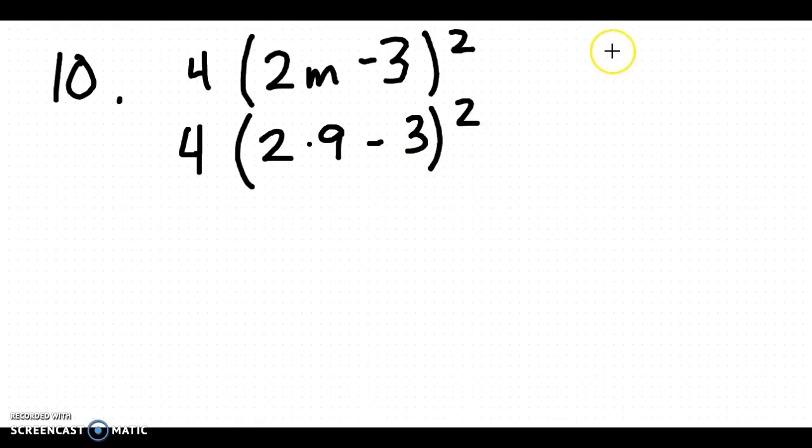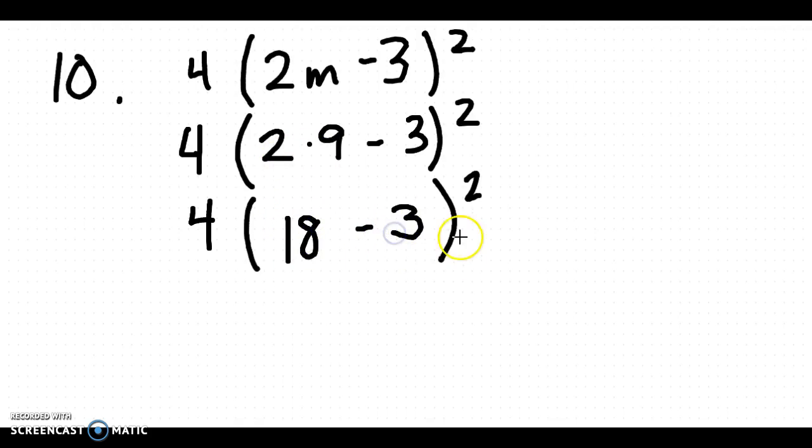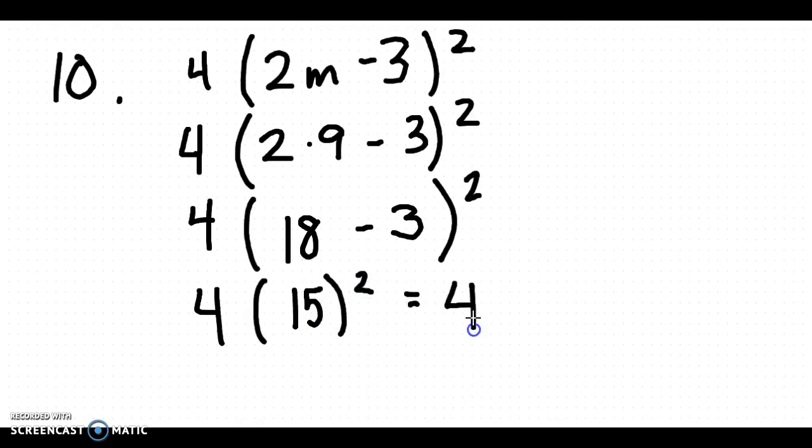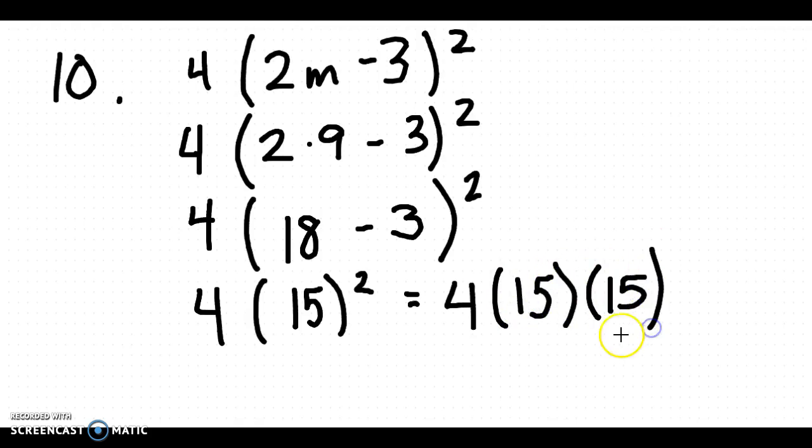Using our order of operations, remember, parentheses come first. So even though exponents come second, we have to do everything inside the parentheses first. So continuing with that idea, we want to multiply first, and we get 2 times 9 is 18 minus 3, and then we'll take 4 times 15 squared, which is 4 times 15 times 15.